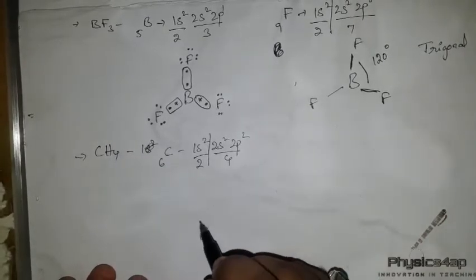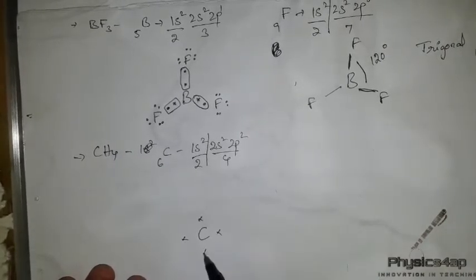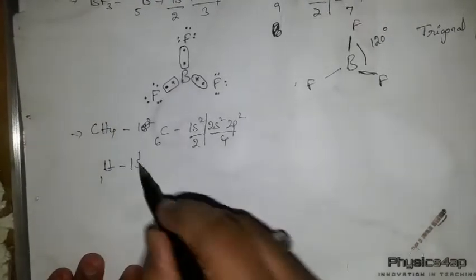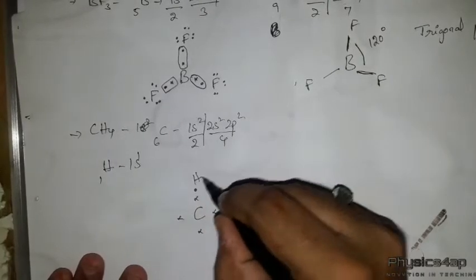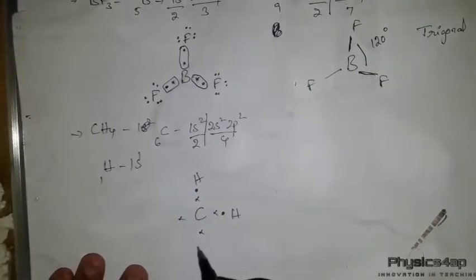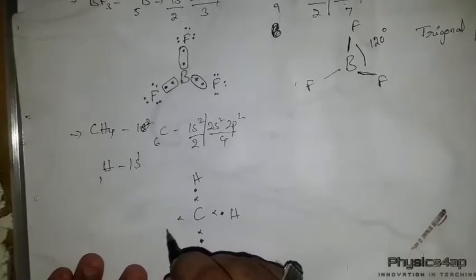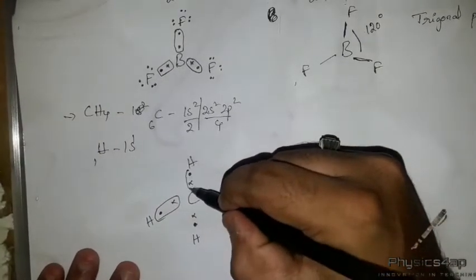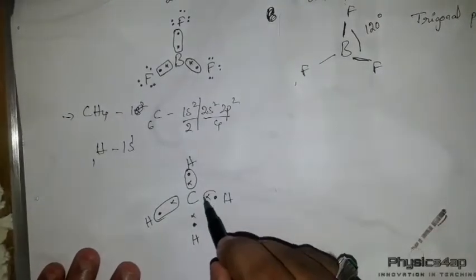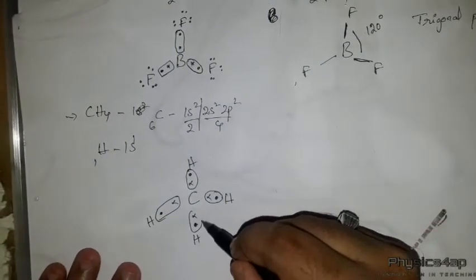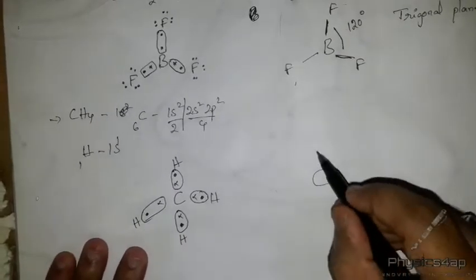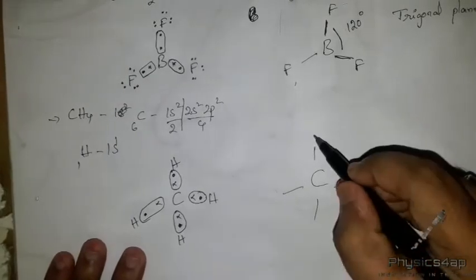We represent carbon with 1, 2, 3, 4, and hydrogen has only 1 electron, so here is 1 hydrogen, 2, 3, and 4. Each of these is a bond pair. When we simplify it, we get the complete structure for methane.